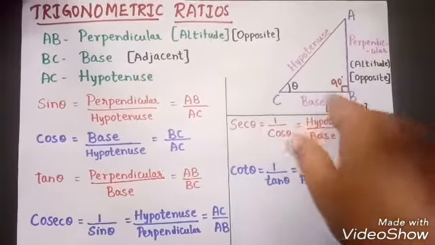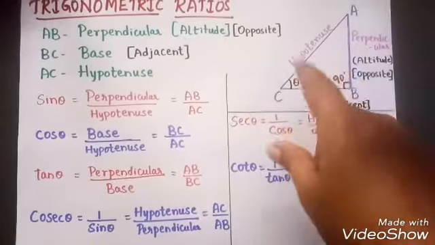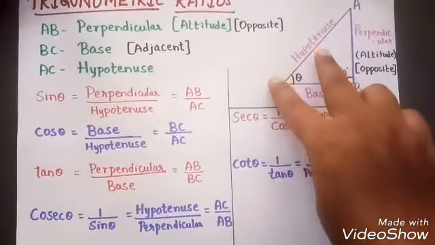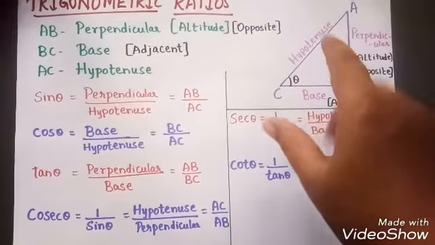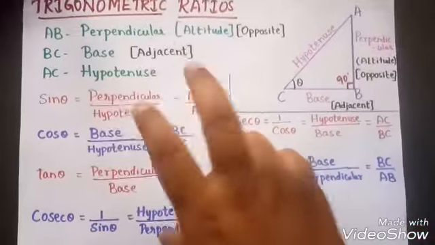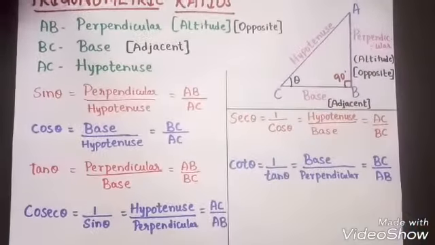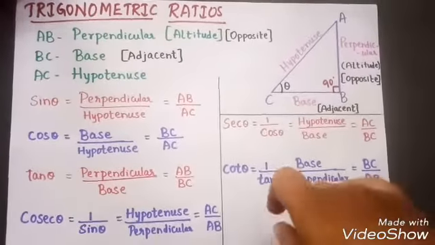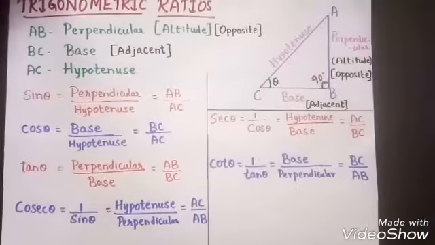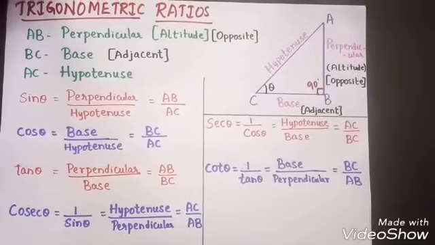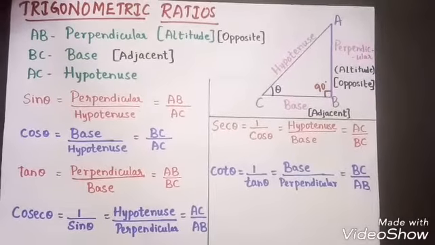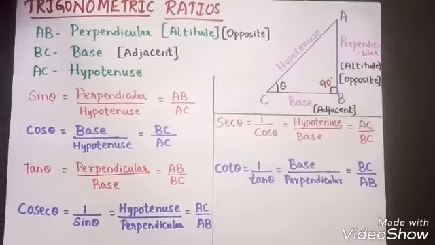Or if instead of ABC they give other letters like P, Q, R or X, Y, Z or L, M, N, or if the direction of the triangle is changed, you get confused. In such cases the trigonometric ratio trick will be useful to remember the 6 trigonometric ratios.